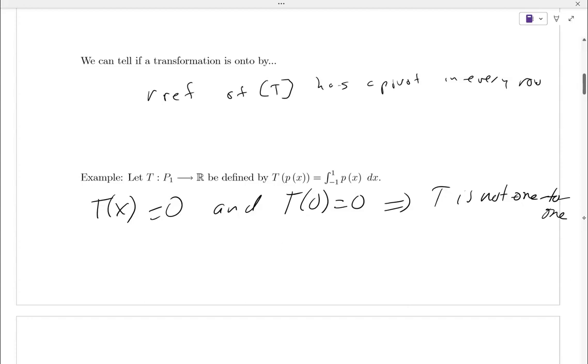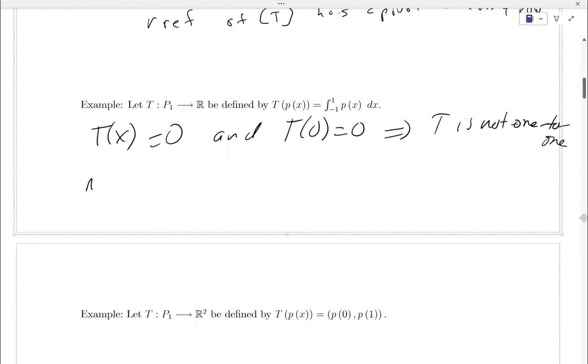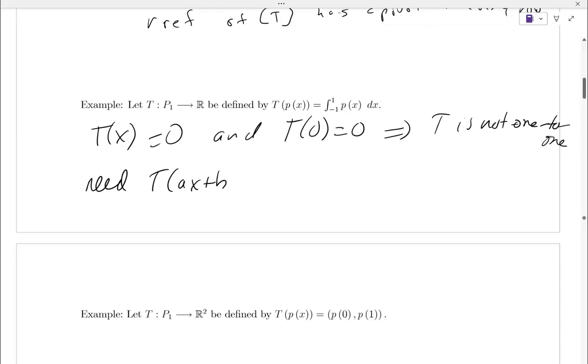All right, what about onto? Do you think you can get every real number out from linear polynomials? So again, we would need T of ax plus b to equal some value r when we're done.